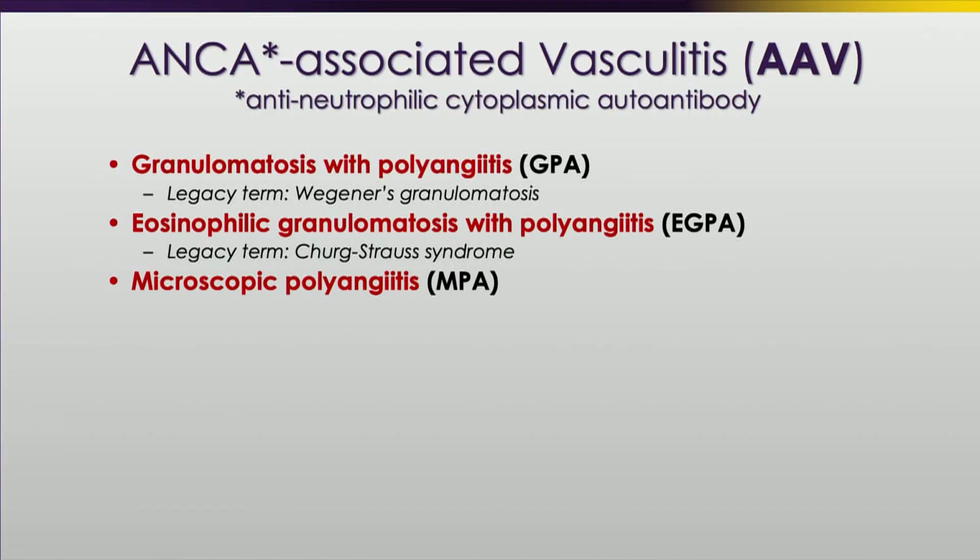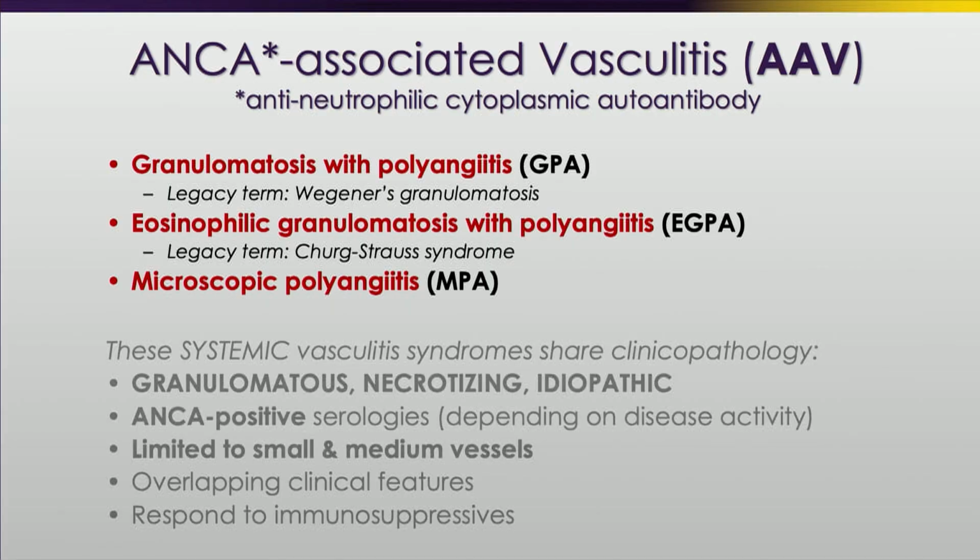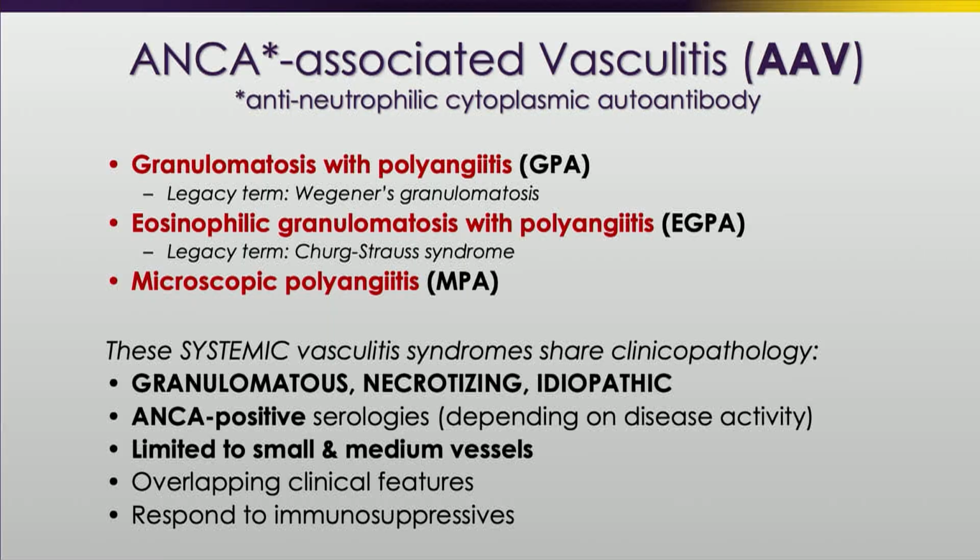Moving on to the ANCA-associated vasculitis syndromes, we talk about the top three as granulomatosis with polyangiitis, eosinophilic granulomatosis with polyangiitis, and microscopic polyangiitis. In general, these systemic vasculitic syndromes share a clinicopathology. They are granulomatous-driven inflammation.